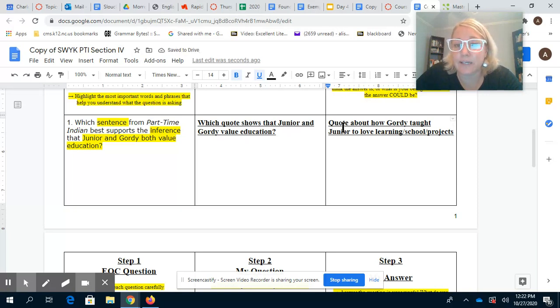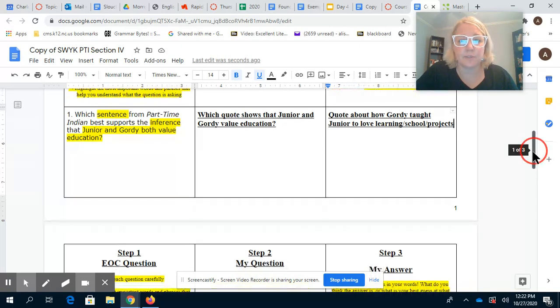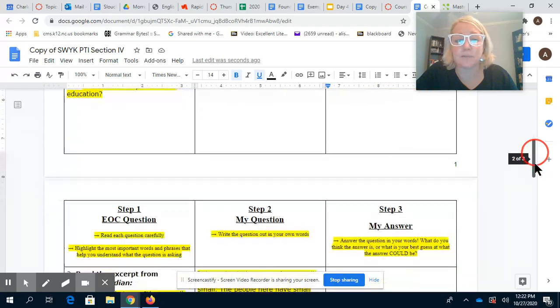Again, I don't know exactly what the quote is going to be, but it's got to be about something like that. So we've got number 1. We know what to look for, and then when we move on to Mastery Connect, we will compare our answer to the answer choices available, and we'll use that to help us pick the best one.